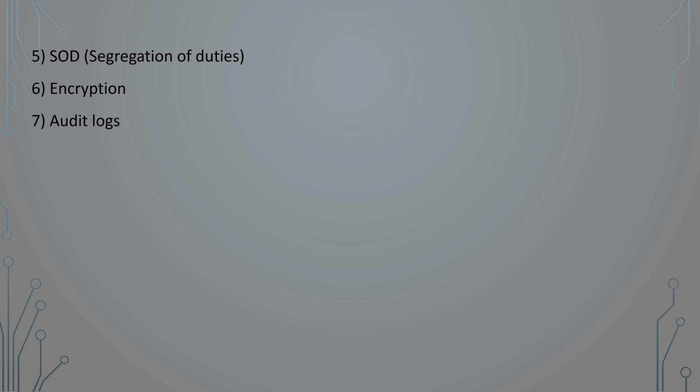And the next one is the encryption part. Such password policies and such data which are applicable over the organization should be in encrypted form from the server level as well as from the network point of view. Next is the audit logs.